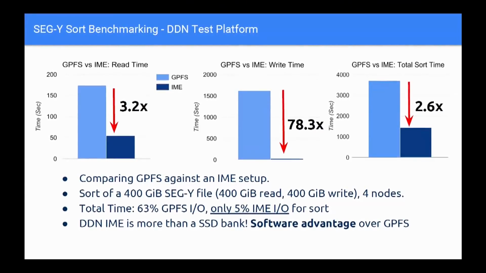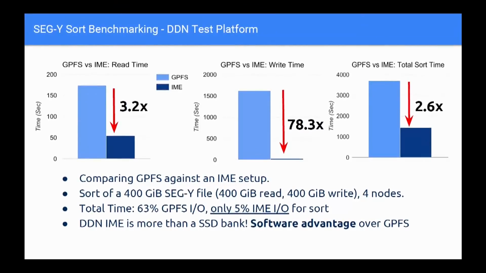What we found was that the reading performance is 3.2 times quicker on this particular configuration. There's always going to be a natural benefit from having SSDs with a higher throughput. When we came to the write performance, and that's where the smart IME software comes in, we get a 78 times improvement. So we get a big boost from the first one sorting the file.